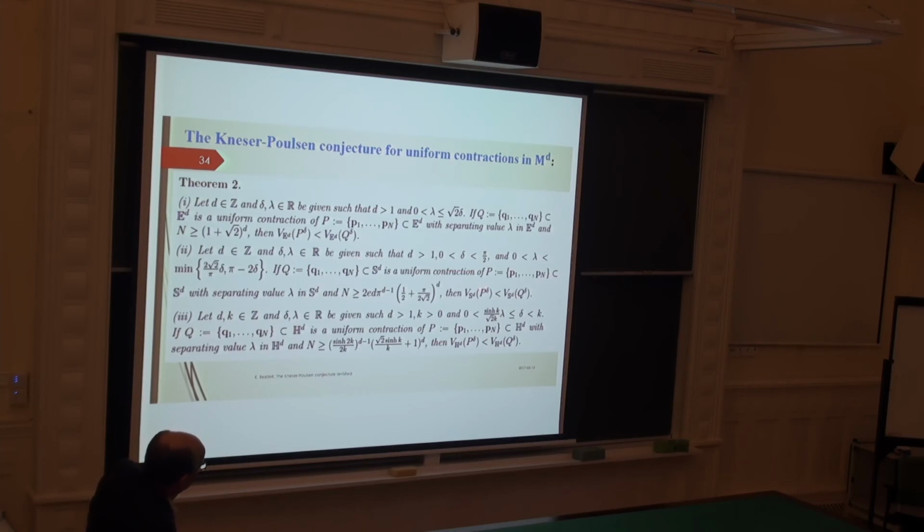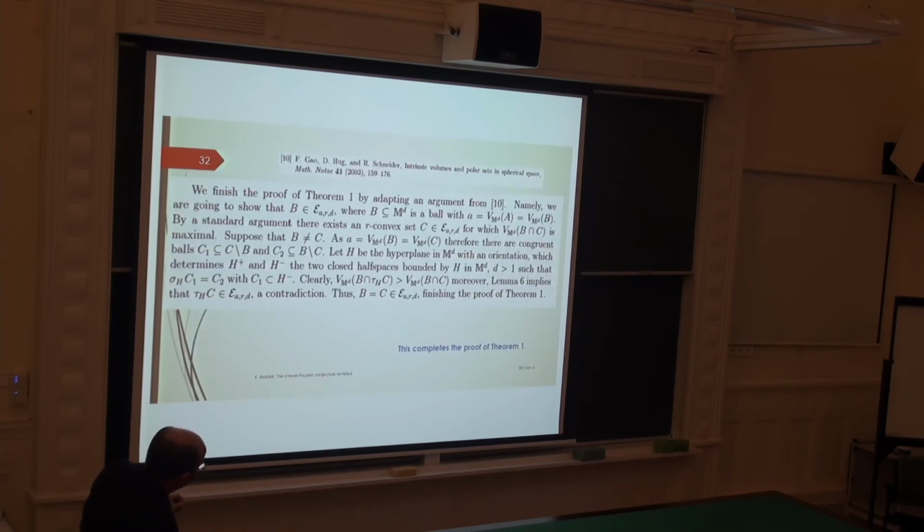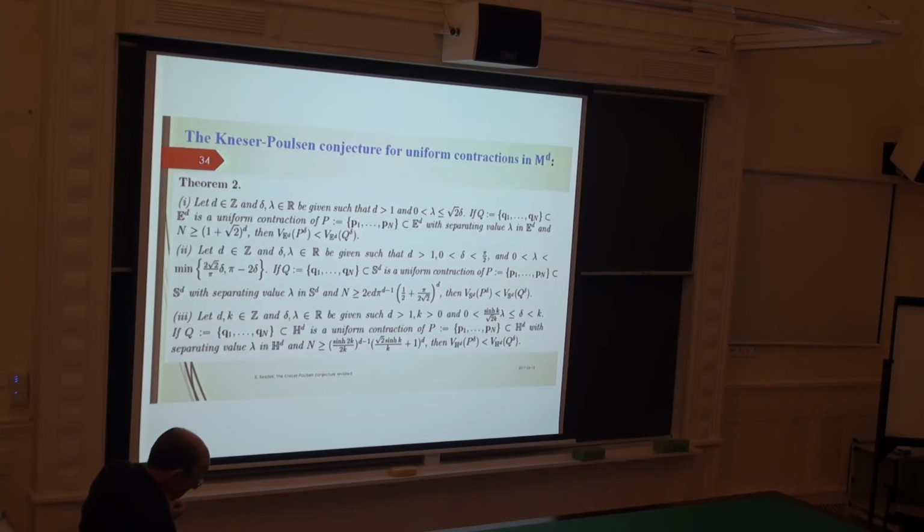So that explains this part here. So P delta. I'm looking at the delta dual set of P and the delta dual set of Q. These are intersections of balls of radii delta, and we want to show that if Q is a uniform contraction of P, then the volume of Q delta is larger than the volume of P delta.